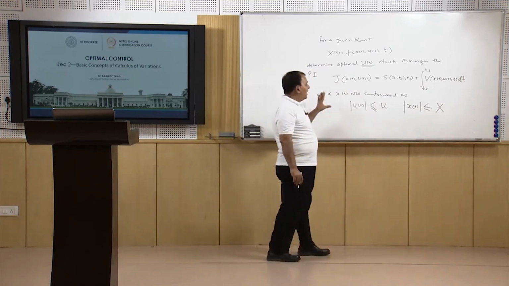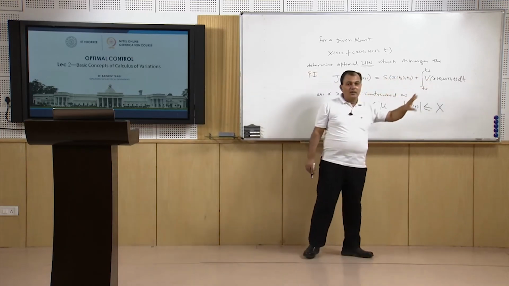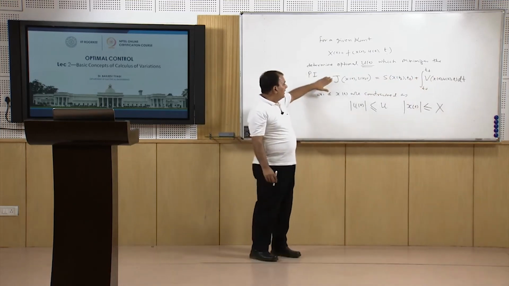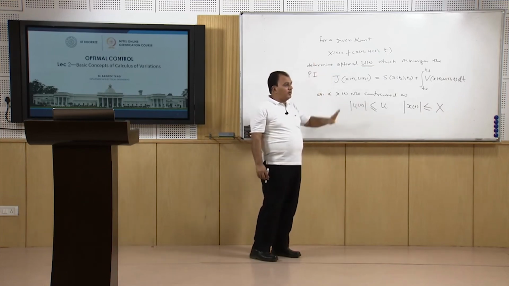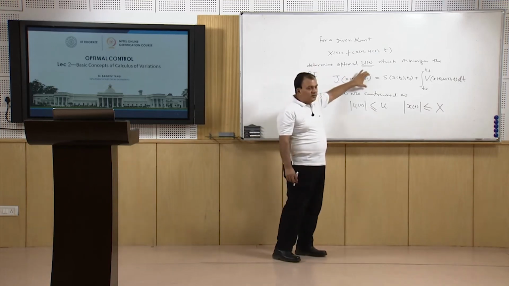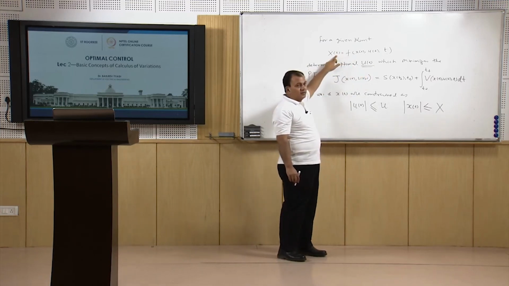We will start our discussion simply by looking at how we can get the minimization of J. As an optimization problem, my objective is to minimize this J, which is subjected to the constraints.